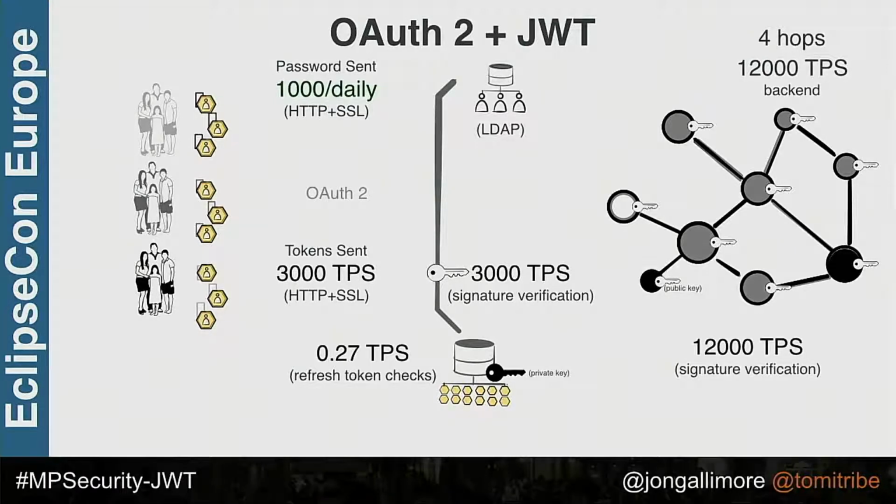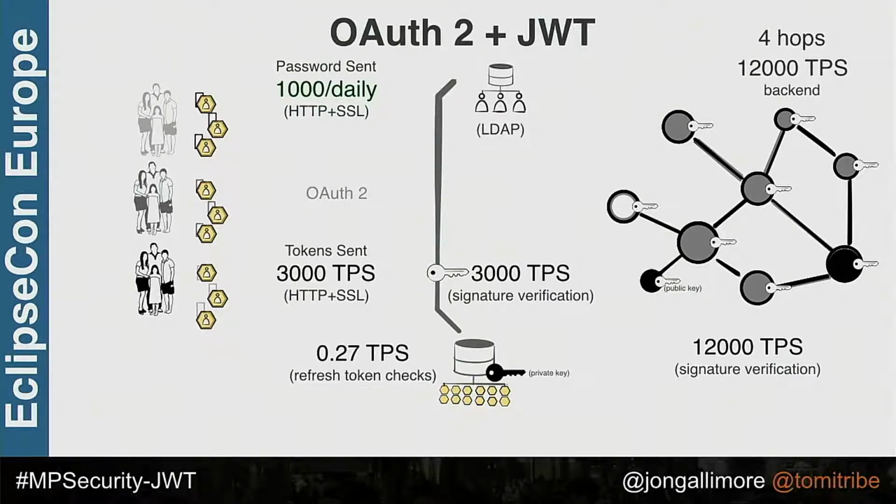We can just do it purely in CPU and memory. So for our 3,000 transactions per second that come in, we can do our signature validation right on the front end with the public key, and anything that fails that check, we just throw straight in the bin. Go ahead. And just how do you solve token revocations in this case?